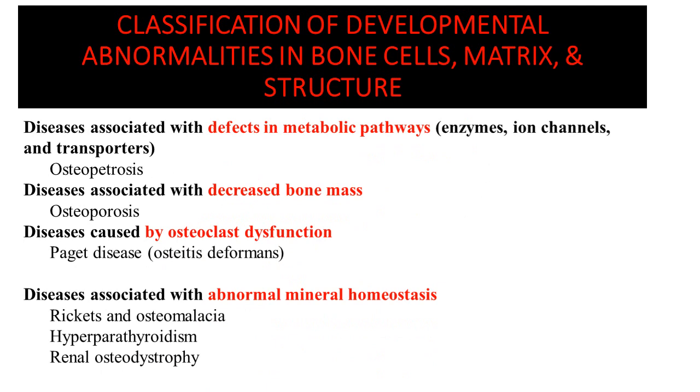Then the diseases associated with metabolic pathways, enzymes, ion channels, and transporters, and the important member of that group was osteoporosis, and we discussed various autosomal dominant and autosomal recessive, and one X-linked form of this osteoporosis also. Then diseases associated with bone mass, osteoclast dysfunction, and abnormal mineral homeostasis we will cover today.